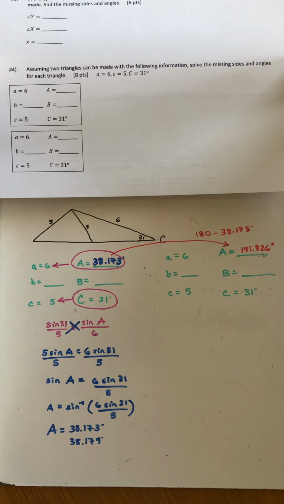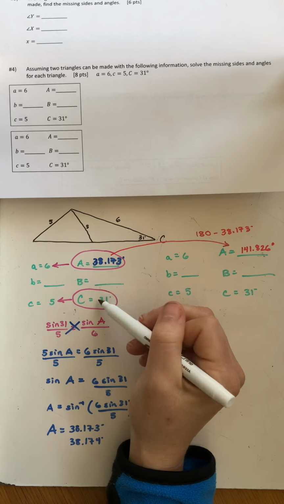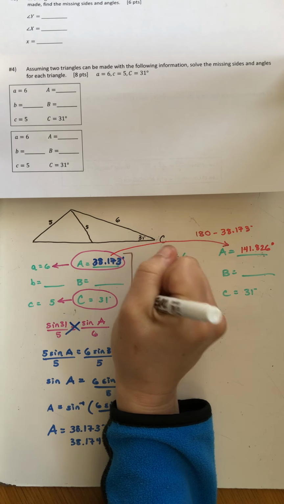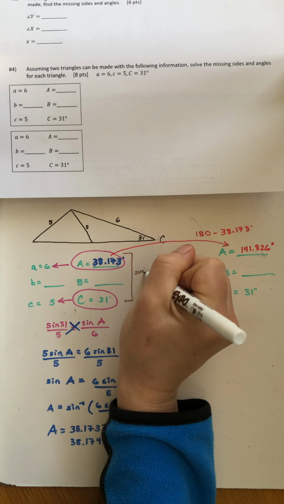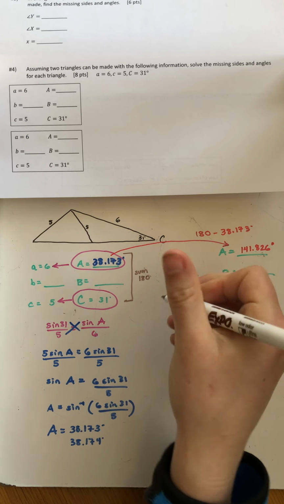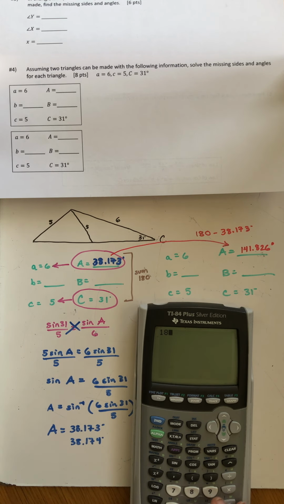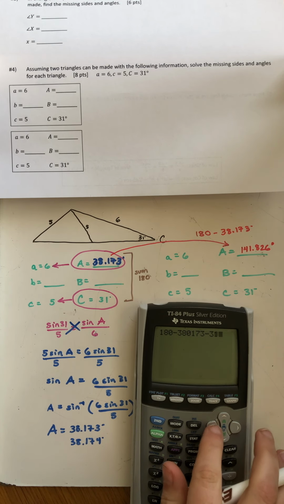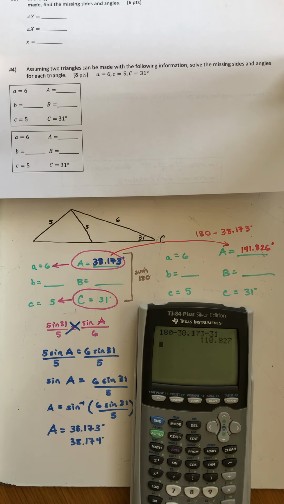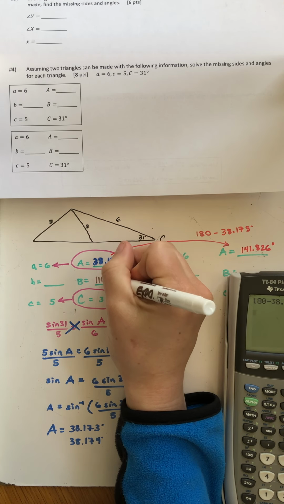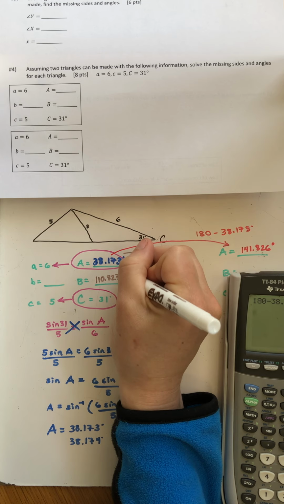Now I can find the missing angle in each set of the triangle. So I know that these three angles sum to 180 degrees because there's 180 degrees in a triangle. So I'm going to do 180 minus angle A minus angle C. And I get 110.827 degrees.